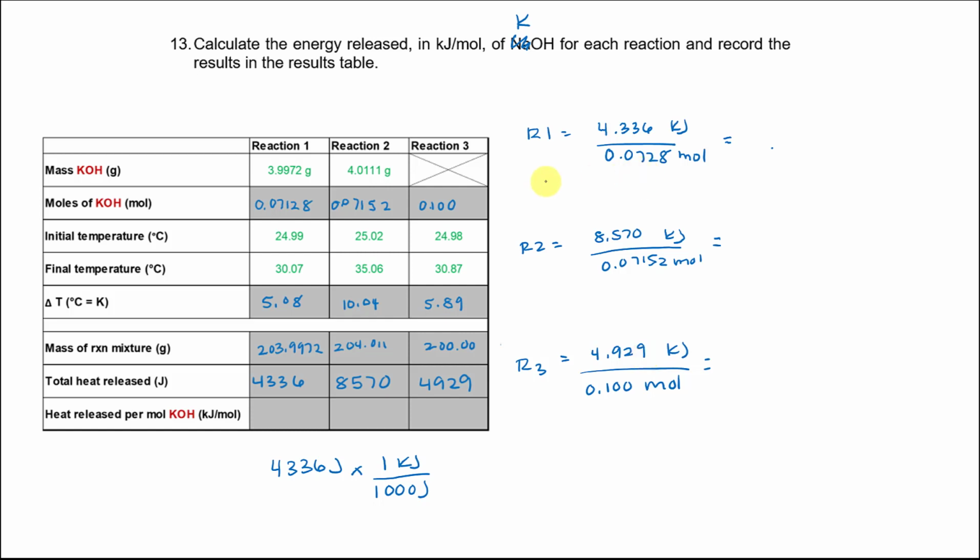And then we're just going to divide by the number of moles, which was from our table that we calculated earlier. So we'll get 59.56 kilojoules per mole, 119.8 kilojoules per mole, and 49.29 kilojoules per mole. Then I can just fill that into my table.